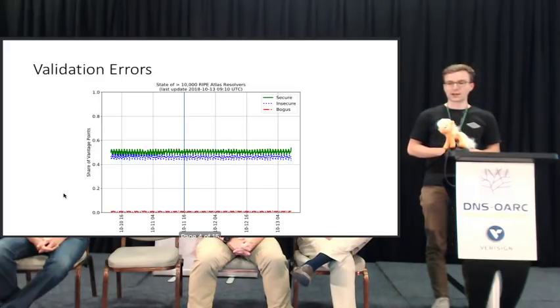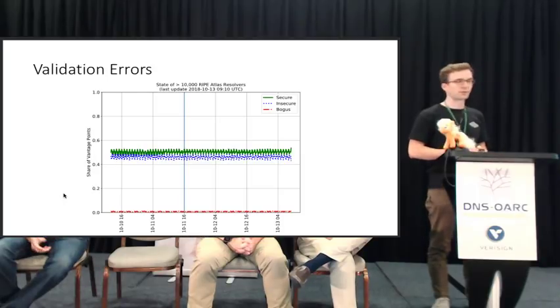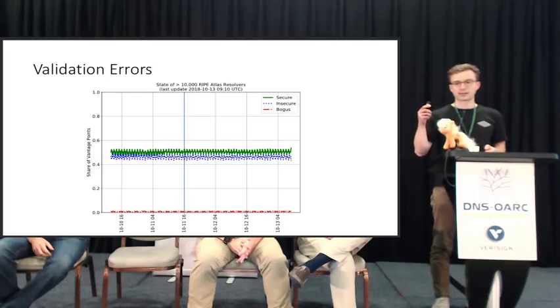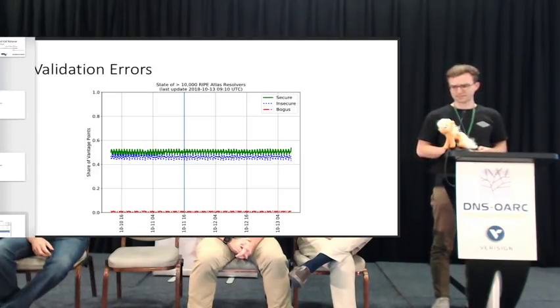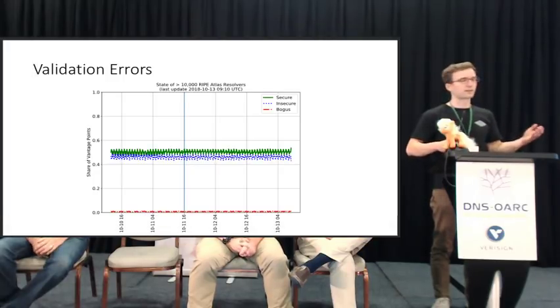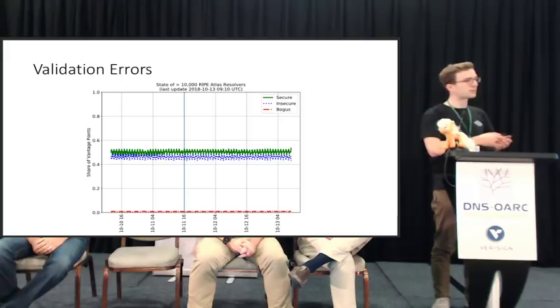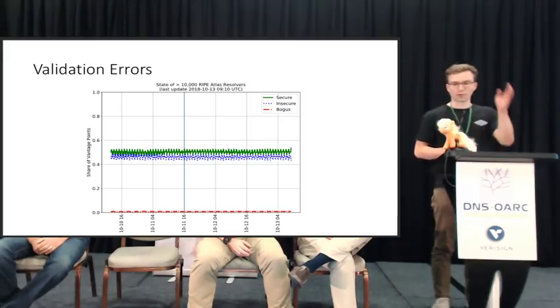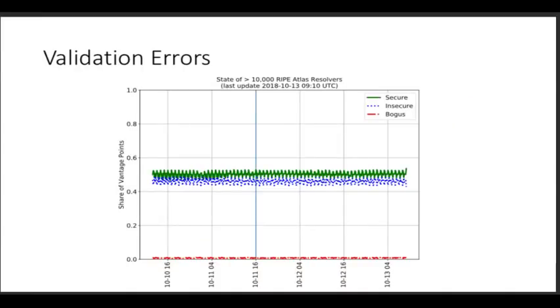So first I want to talk about validation errors. This is data basically from this morning, more or less. What we see here is the green line, which is the resolvers which were validating before the rollover. The rollover is the blue vertical line there. And resolvers which weren't validating before the rollover. And what you can see there, nothing changed.